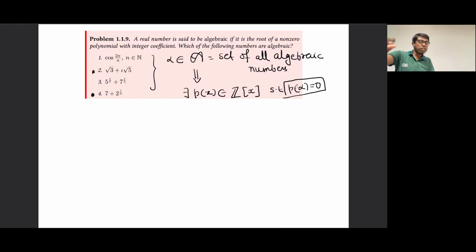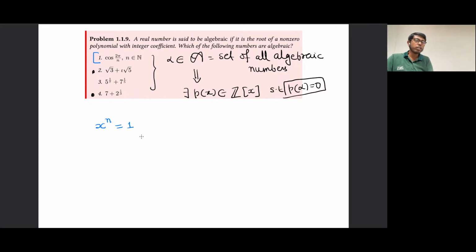So it means that for each of the numbers, we have to check if we can find a polynomial with integer coefficients such that this happens. Okay. So let's consider the first one, this. See, what is the root of x to the power n equals 1? What are the roots?